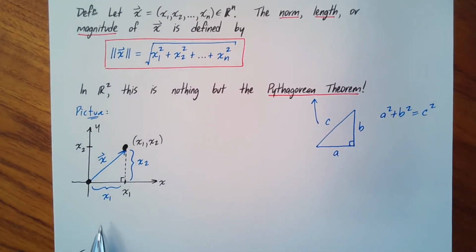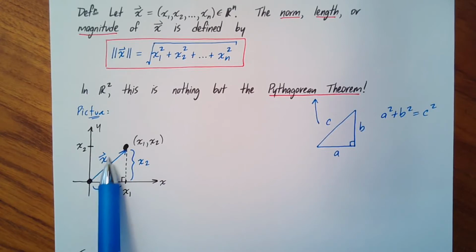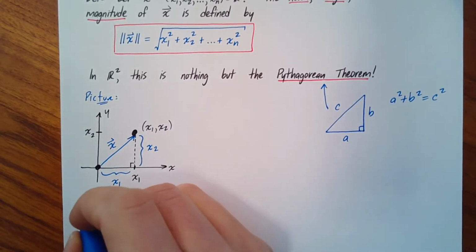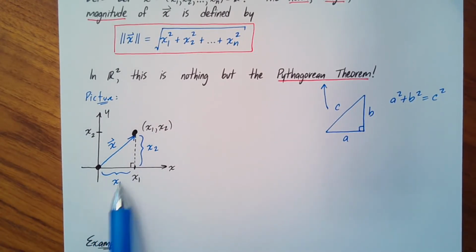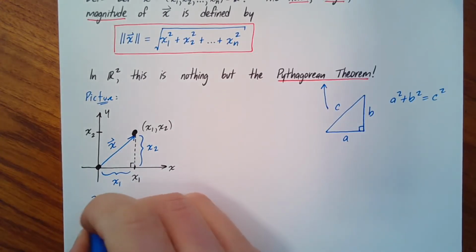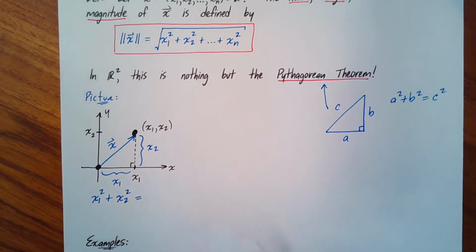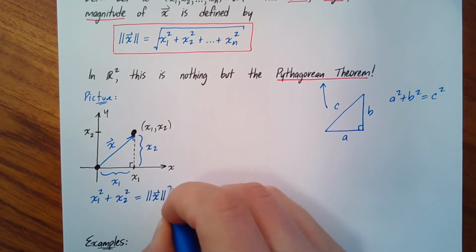So if you applied that over here, what would your c be? Your c would be the length of this vector here, the length of the vector x. So let's do the left-hand side first. The sum of the squares of the two smaller sides, so you'd have x1 squared plus x2 squared, is equal to the length of the hypotenuse squared, which would just be the length of the vector x squared.